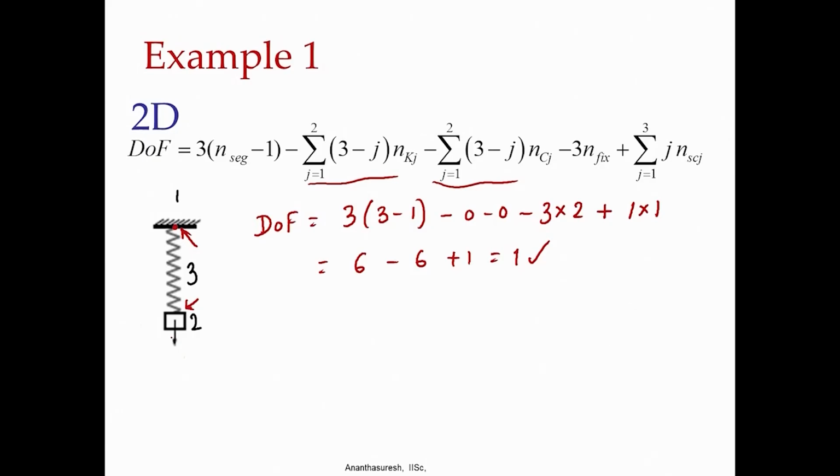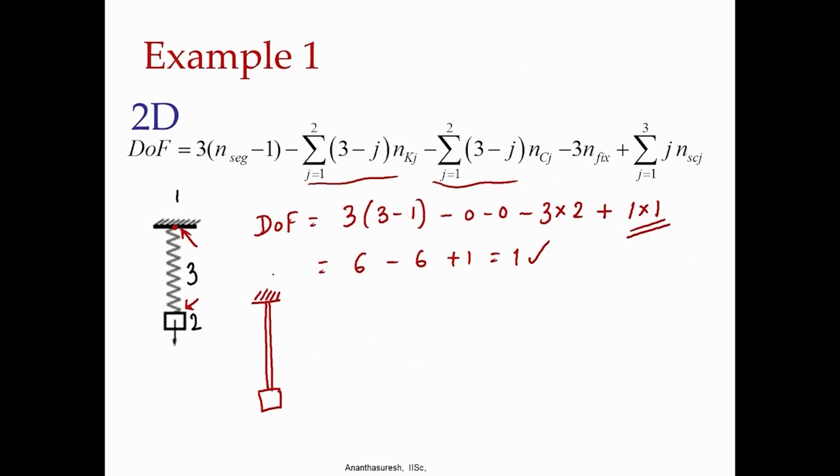But if I want to take the segment compliance of this as more than 1, here I took 1 and that is why I have 1 degree of freedom. Instead, if I have, let us say, a bar with this one, I do not have a spring now, but I have a bar.